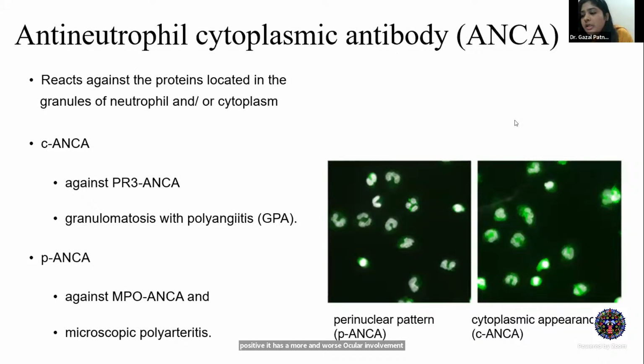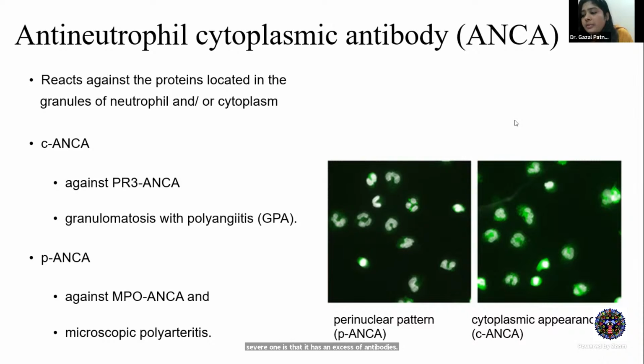Coming to the next antibody, anti-neutrophilic cytoplasmic antibody, or ANCA, that reacts against the proteins located in the granules of neutrophil cytoplasm, and they produce three different characteristic appearances. Two of these are commonly used, that is cytoplasmic, where they stain the cytoplasm, and perinuclear, where they stain the perinuclear part. Another is an atypical one with an excess of antibody, so it creates a diffuse pattern.